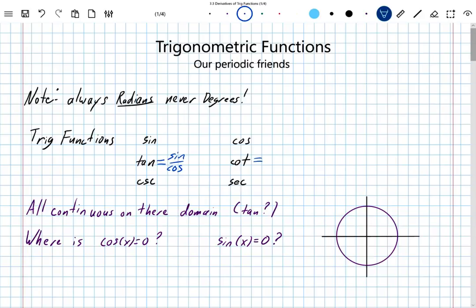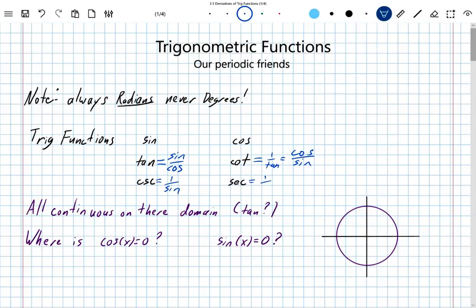Cotangent is just 1 over tangent, also known as cosine over sine. Cosecant is 1 over sine, and secant is 1 over cosine.